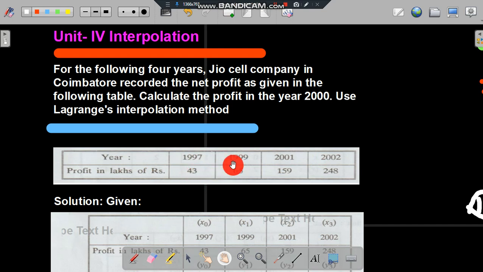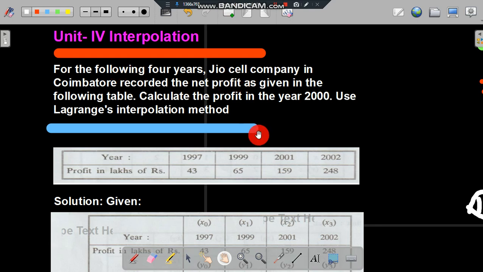In 1999, the company makes 65 lakhs of profit in Coimbatore. In 2001, 159 lakhs profit was produced. Similarly, in 2002, 248 lakhs of profit was made by the GeoCell company in Coimbatore.